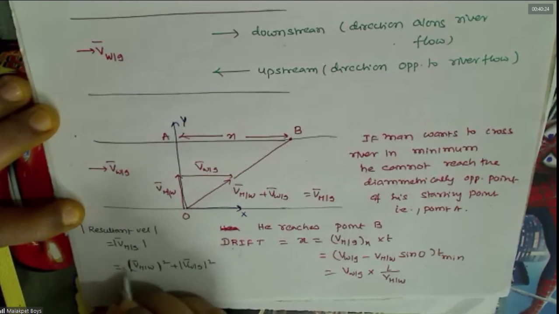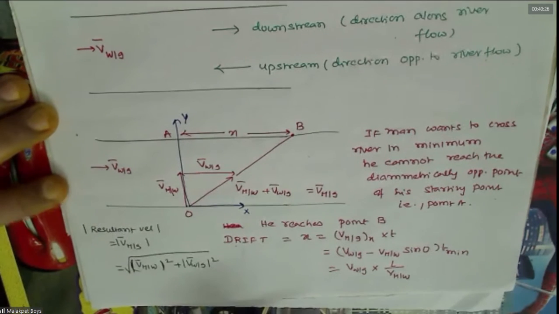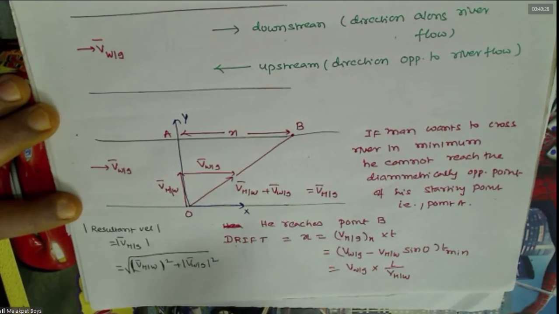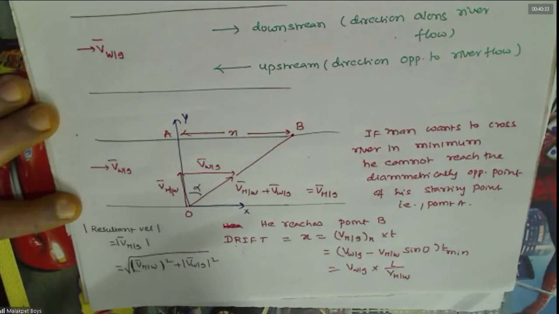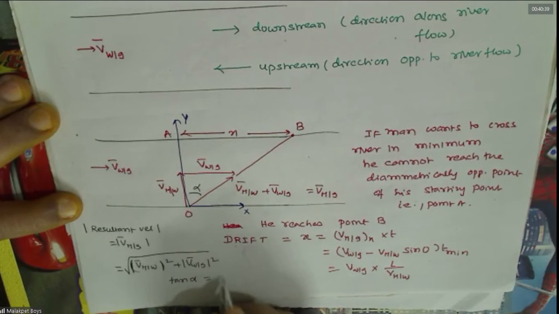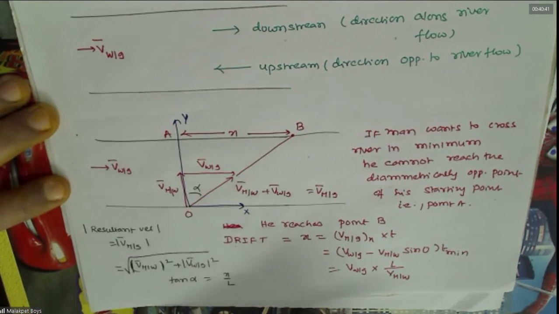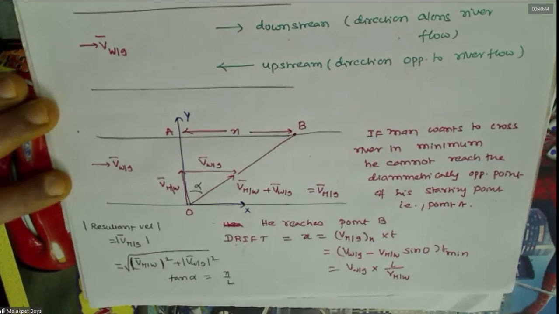Do you agree with this? And if they ask where he lands, you can take this. He lands at tan alpha equals x by L. Anything you may ask. Understood this?